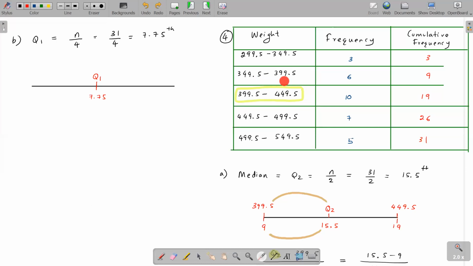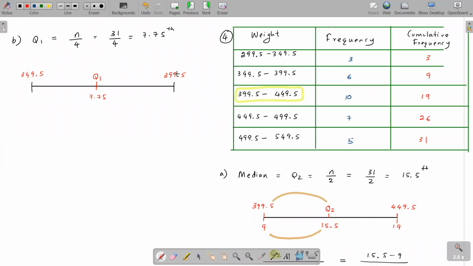How did I find it? Because of the 7.75, I checked the cumulative frequency. The first cumulative frequency that surpassed it is this 9, which is the second group. And for the second group, the weight classes are 349.5 to 399.5. Okay, are you guys with me?